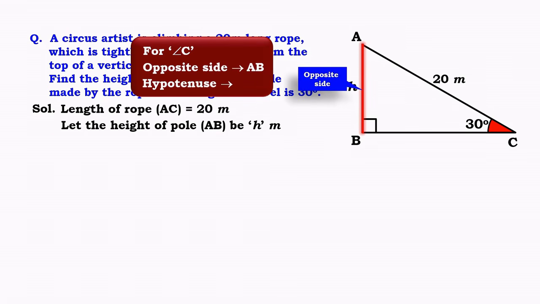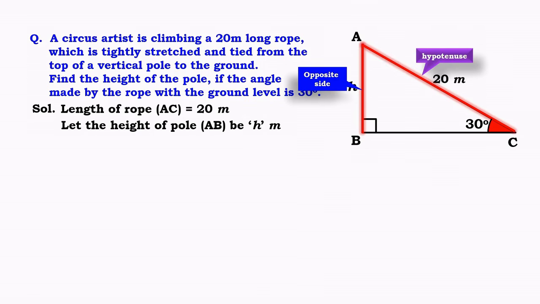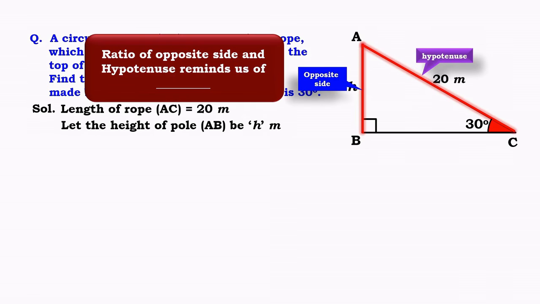The longest side of the right-angled triangle is AC, which represents the rope. So, we have the opposite side and the hypotenuse. Which trigonometric ratio uses the opposite side and the hypotenuse? Yes, it is sine. Therefore, the sine of 30 degrees is equal to the height of the pole divided by the length of the rope.